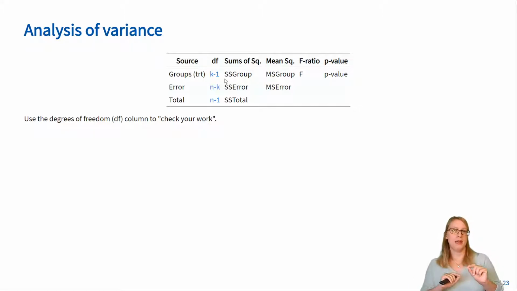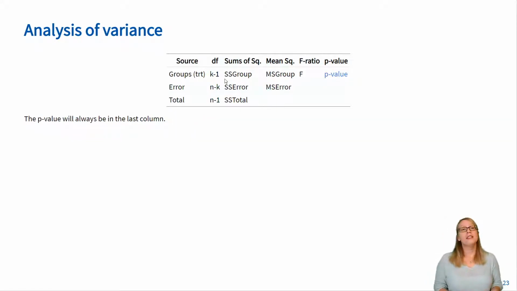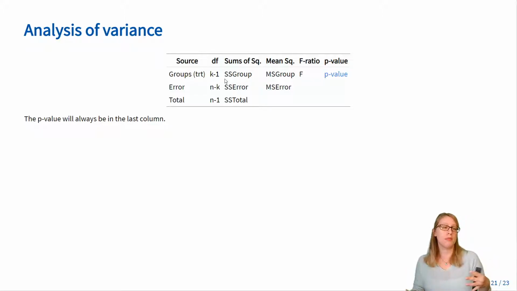If there's a mismatch between what I expect to get and what I get in my software output, that tells me something about my data. Specifically, that tells me that my data might not be formatted in the way that I'm intending. The next thing I look for is the p-value. I don't worry so much about those mean square group and mean square error when I'm interpreting the test.